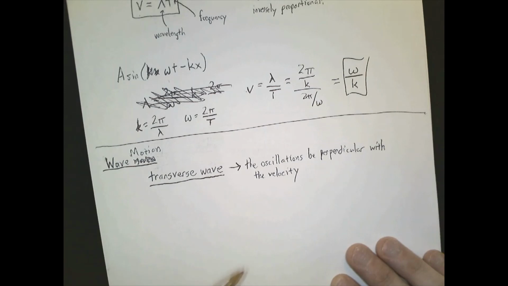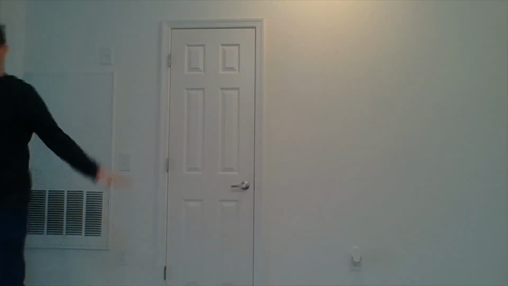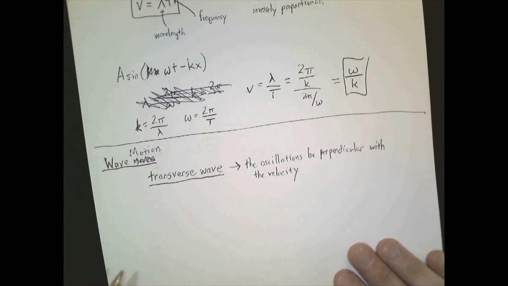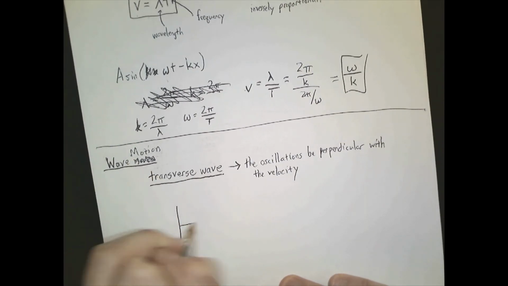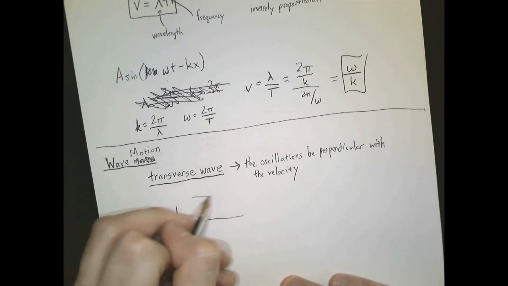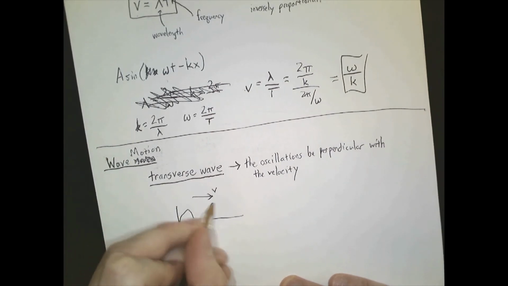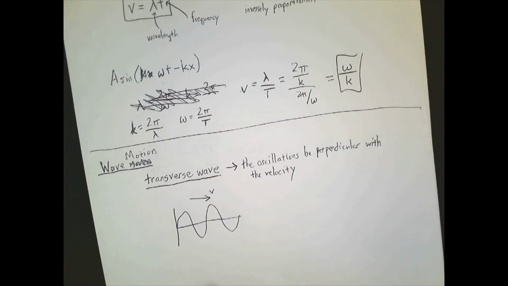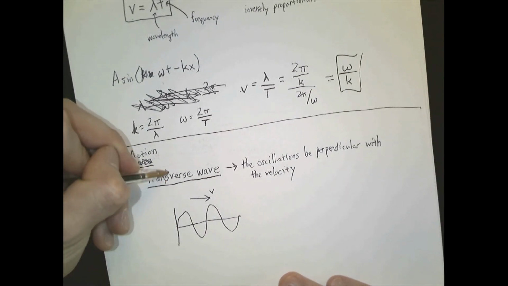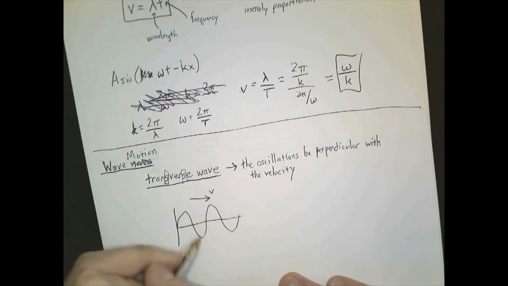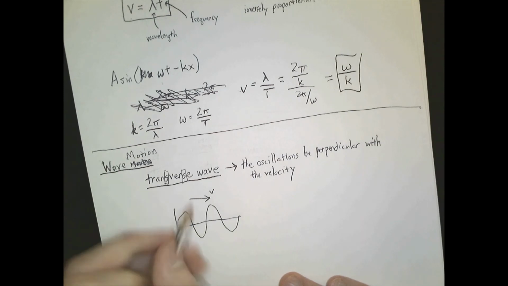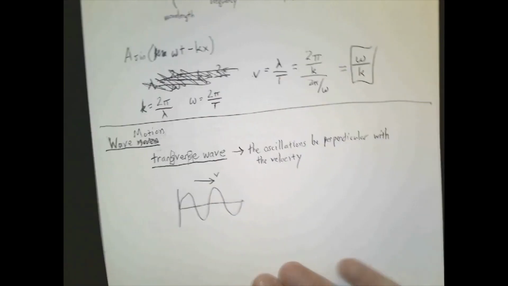So if the wave moves one way, say to the left, then the oscillations have to be perpendicular to that, say up and down. If we were to draw this, the wave might move that way, V, and the oscillations go up and down. I like to think of a transverse wave as having a lot of S's in it, snaking up and down just like an S. So you can remember transverse because it moves like an S.